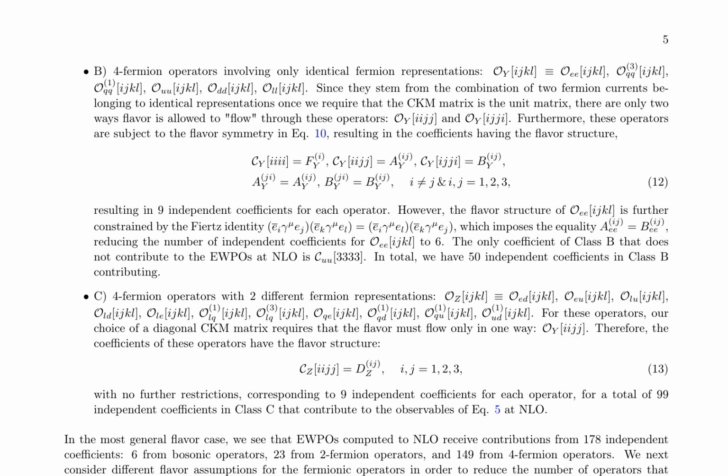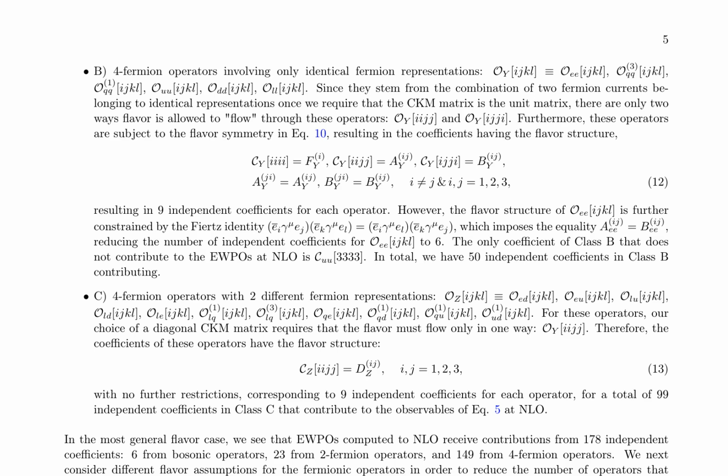In the Standard Model Effective Field Theory (SMEFT) framework, the authors analyze the structure of 4 fermion operators, focusing on flavor symmetry and its implications for electroweak precision observables, EWPOs, at next to leading order, NLO. These operators are classified into 2 categories, Class B, involving identical fermion representations, and Class C, involving 2 different fermion representations.